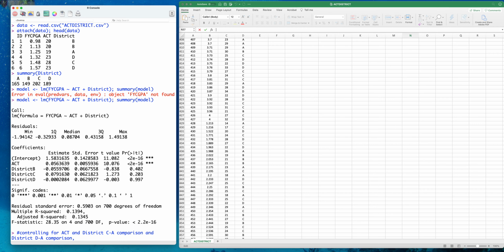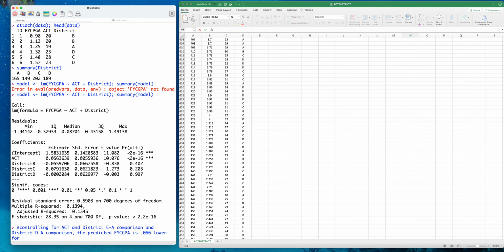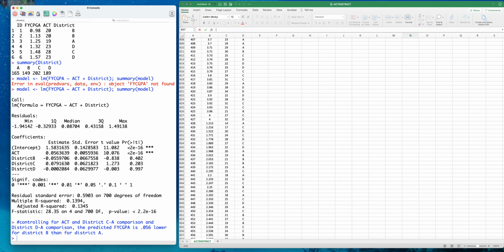So we would say the predicted first year college GPA is 0.056 lower for district B than for district A. Now, a couple of nuances here.